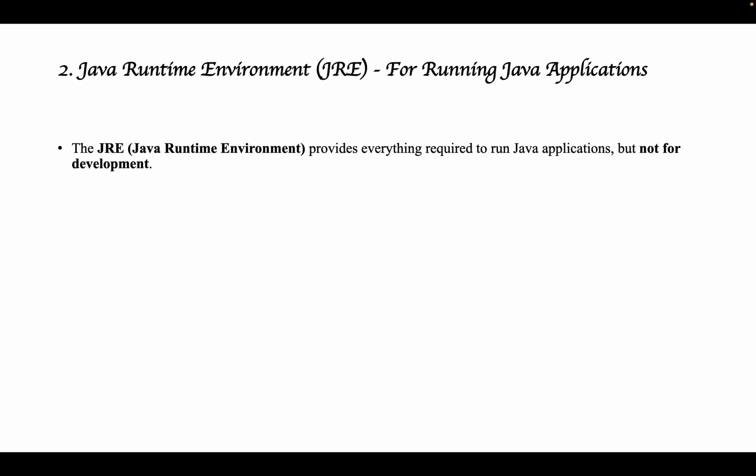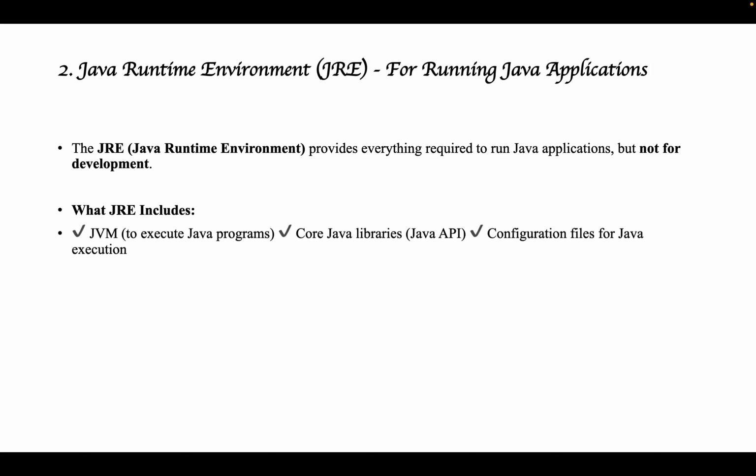It only provides the runtime environment. It is only for running or executing. What does JRE include? The JVM, the most important thing, to execute the bytecode and compile it into machine code that the system understands, and it also has the Java libraries, Java API, and configuration files for Java execution.